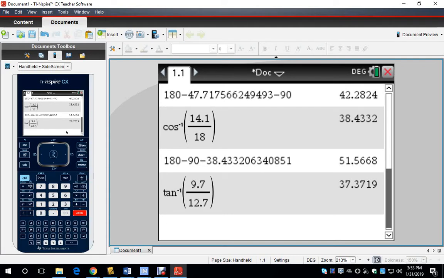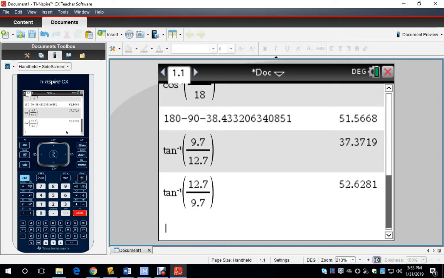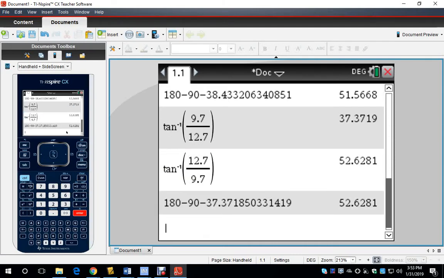Now, from the other perspective, we could just take the reciprocal, so I'd have 12.7 over 9.7 to give me my other angle. Or we could always take 180 degrees minus 90 minus our previous angle, and we're going to get 52.6. So angle B is 52.6 degrees.